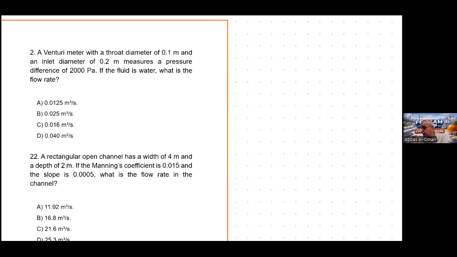So it's something like this. Okay, this is a venturimeter.